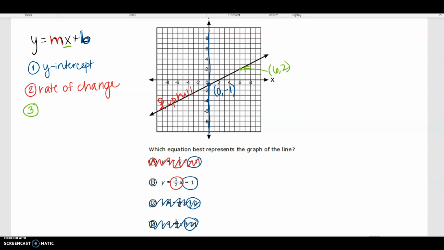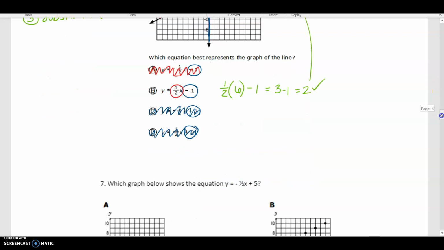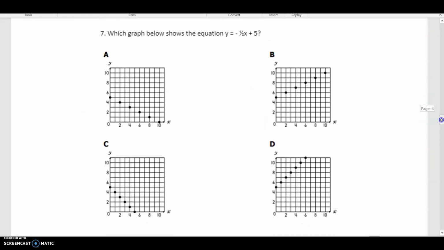And so I'm going to plug in x as 6. So 1/2, and then instead of x, I'm going to put 6 minus 1. So half of 6 is 3. 3 minus 1 is 2. All right, so I was trying to get this y value, and look at that. It works. So step 3 is substitution.